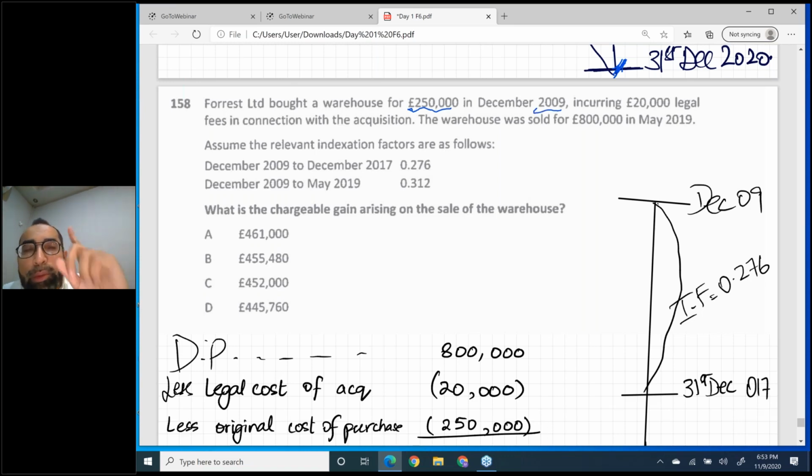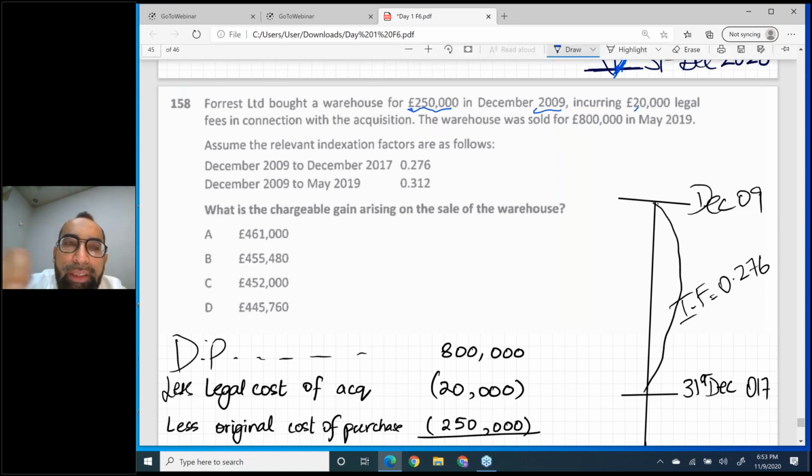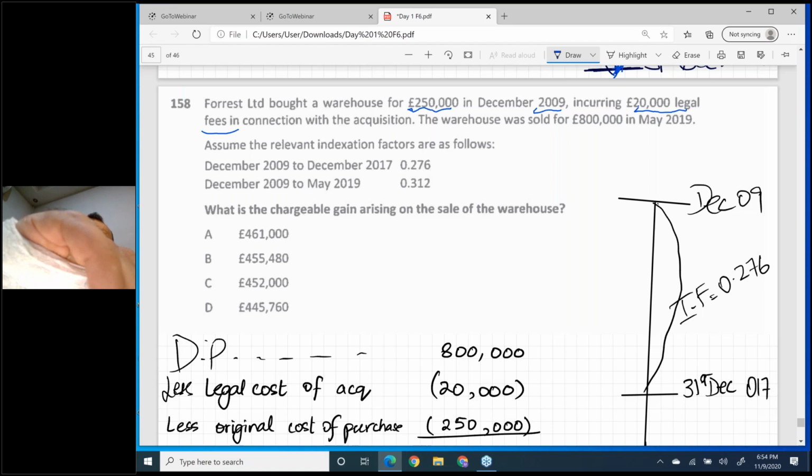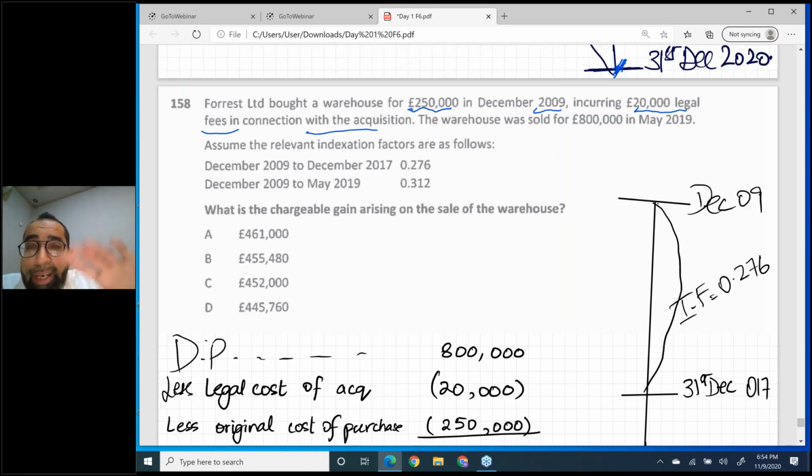Think over it, 2009. That means they bought it before 2017, so yes, they are eligible for indexation allowance. And they incurred 20,000 legal fees in connection with the acquisition. Now think, this legal fee is also incurred on the same date, and this is allowed.